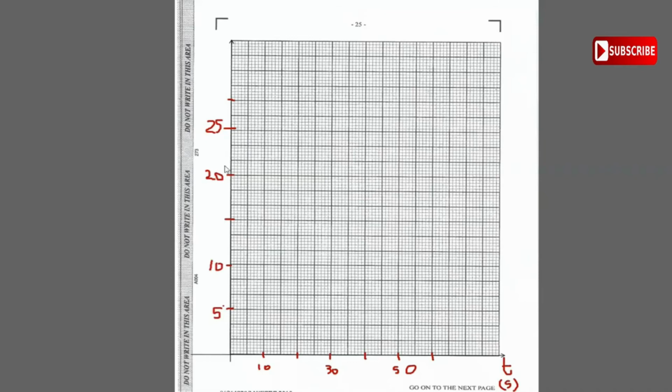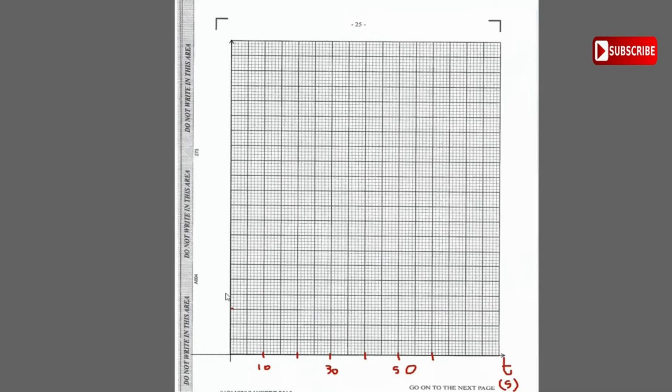1, 2, 3. No, I don't want to use 3. Let me change the scaling. Don't like this scaling. This scaling is not so wonderful. We want our scale to be real nice. We want it to be even.